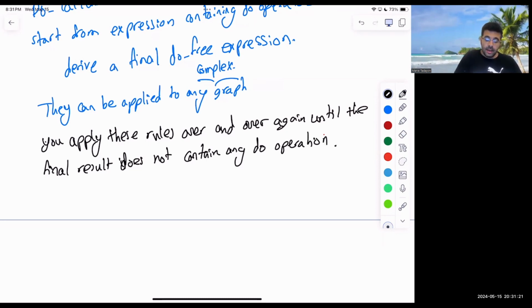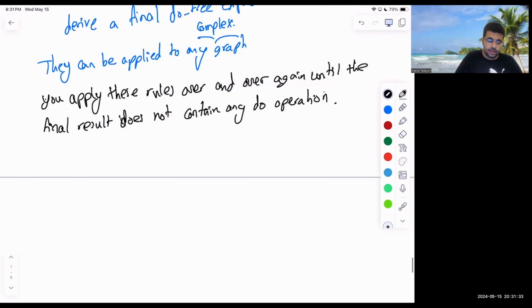Now, if you apply this over and over again and the final result still has a do operation in it, this means that your graph is not identifiable. Your problem is not identifiable.